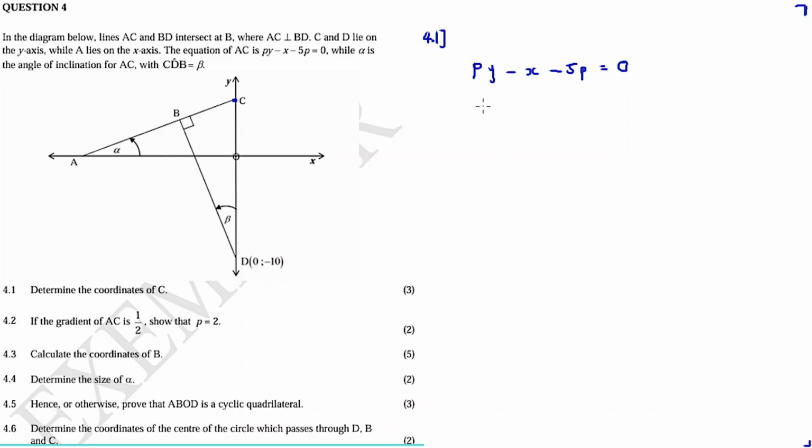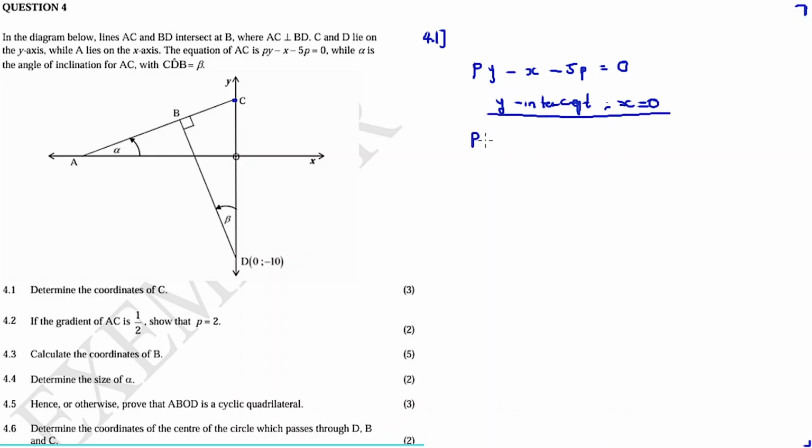So how do we calculate the y-intercept? We let x be 0.